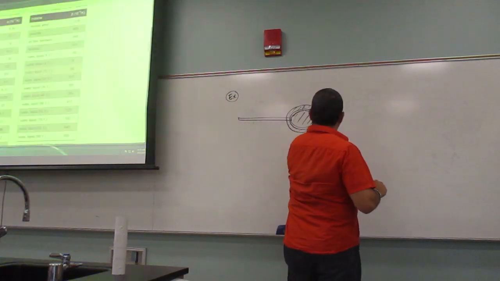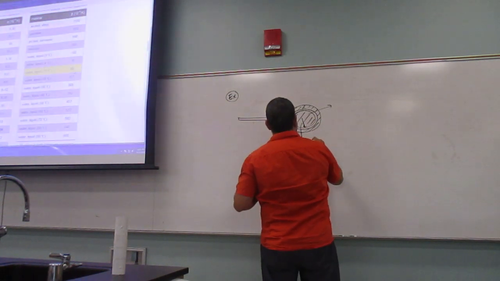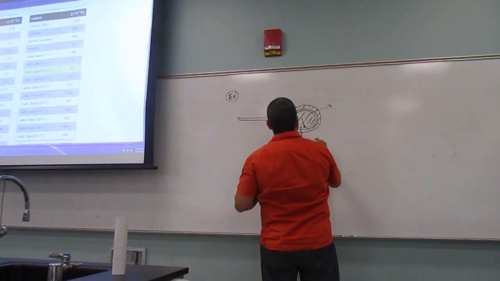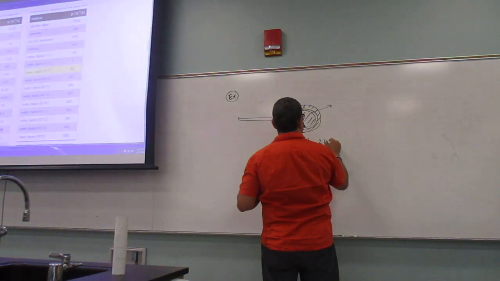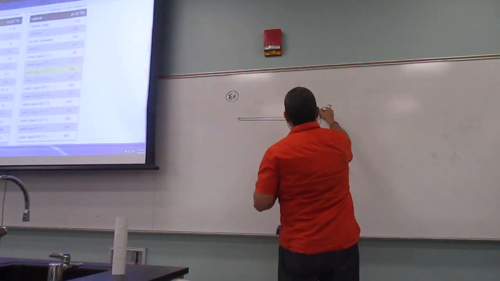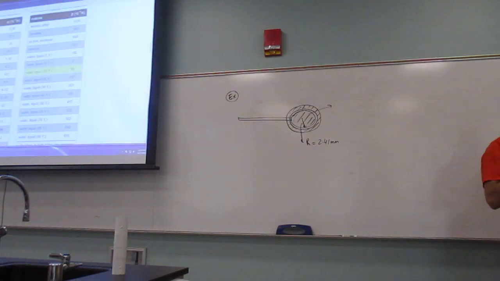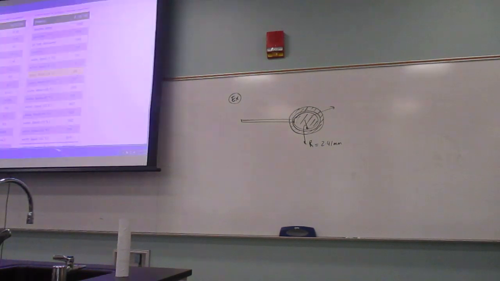So let's say this has a radius of 2.41 millimeters, and then you have a disc here. So you're trying to put the rod through the disc, right?